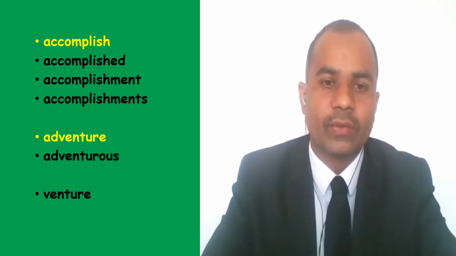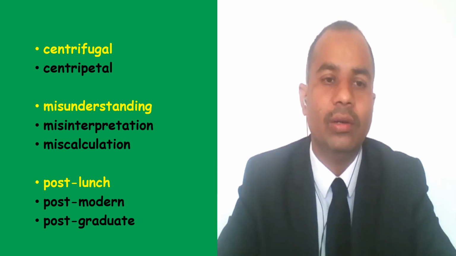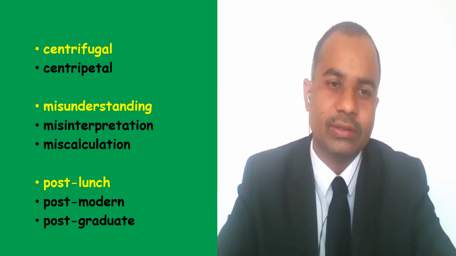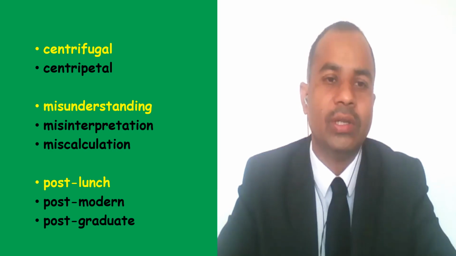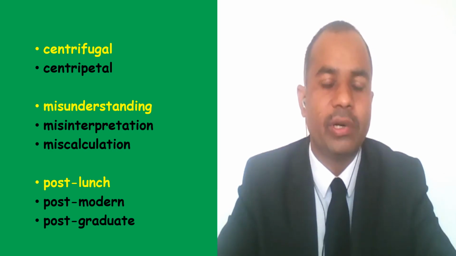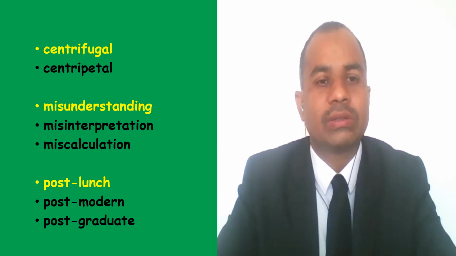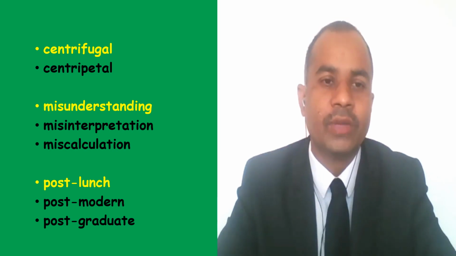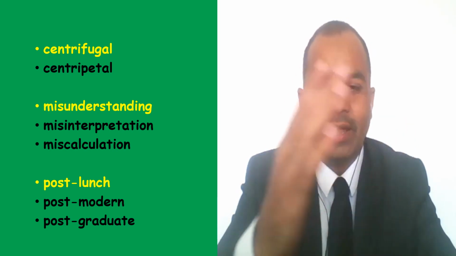Next we have centrifugal and centripetal. So centri is a prefix, and we have words like centrifugal, centripetal, centrifugal force, centripetal force. This centri comes from center, and fugal means to flee or fly away.